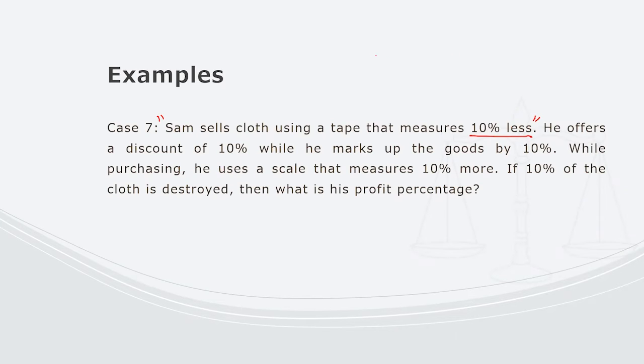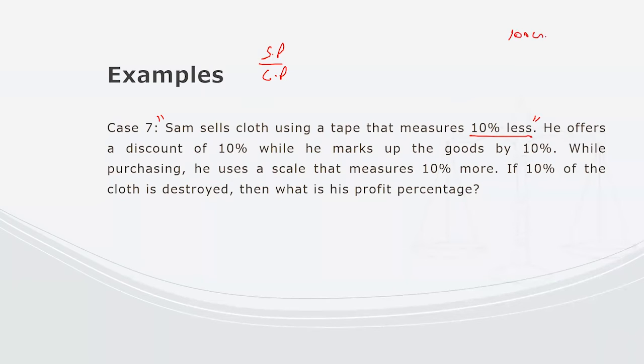So once again, we will go the same route, and we will try to calculate the ratio of selling price by cost price. In this specific transaction, I'm not going any further. I'm just taking one piece of information at a time and trying to calculate the ratio of selling price by cost price. So he's selling it using a scale that measures 10% less.